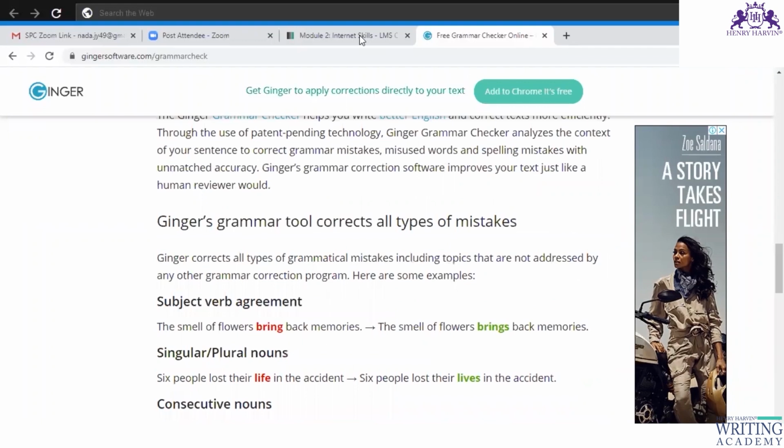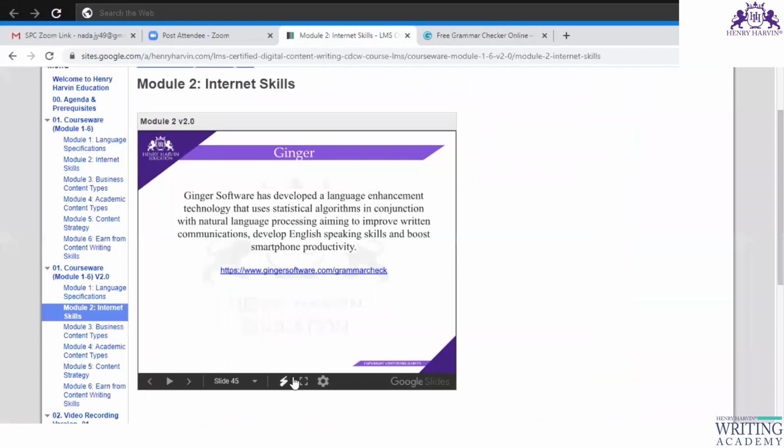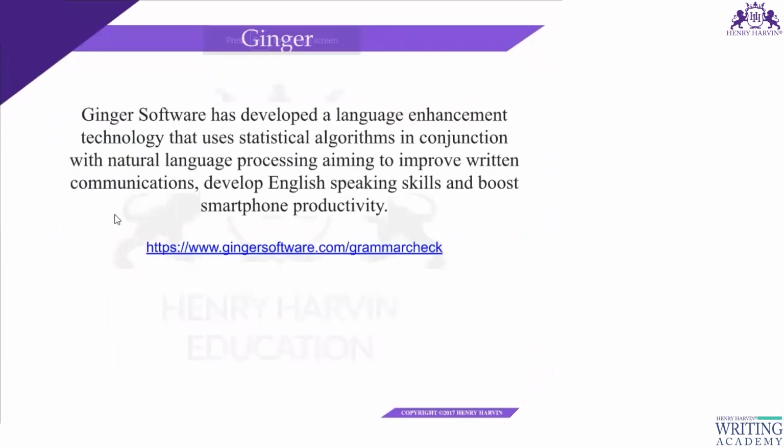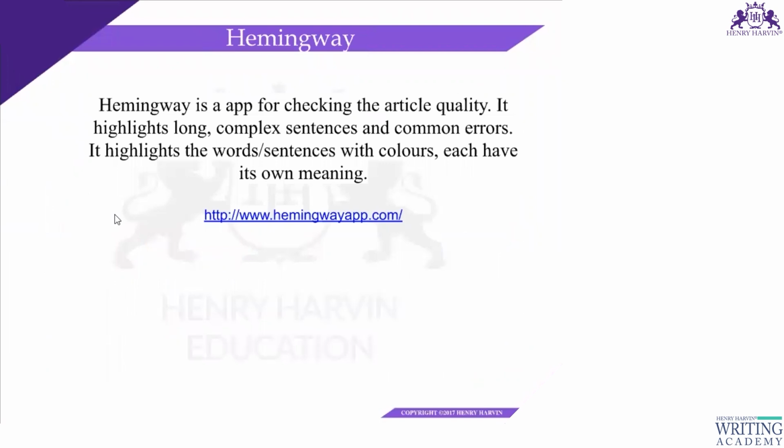Now there's another one that we have here. It's Hemingway. Hemingway is an app for checking article quality. It highlights long, complex sentences and common errors. It highlights the words or sentences with colors, each one having its own meaning. So now let's pull up Hemingway and see how good this is.